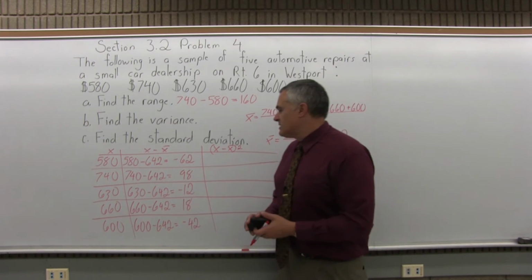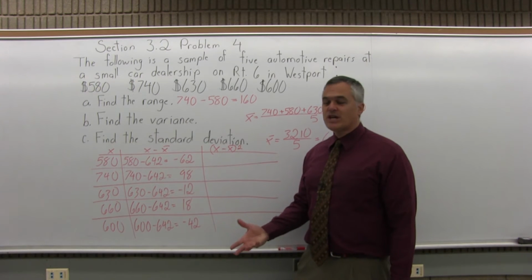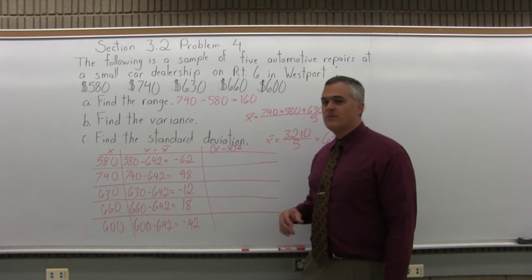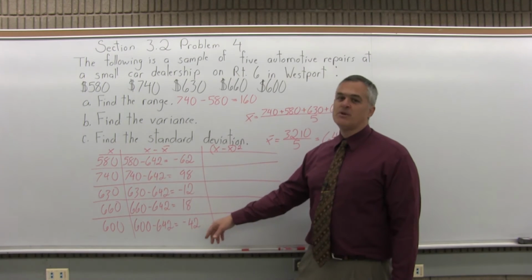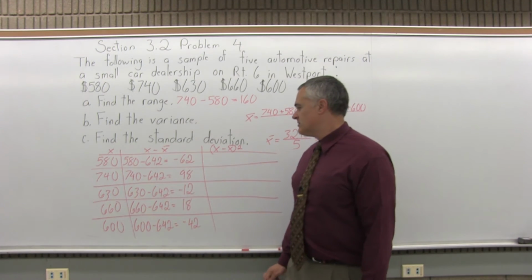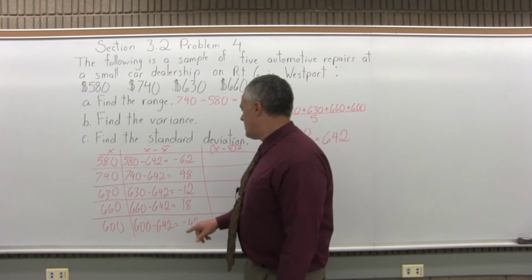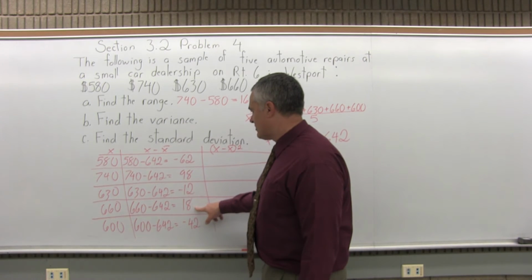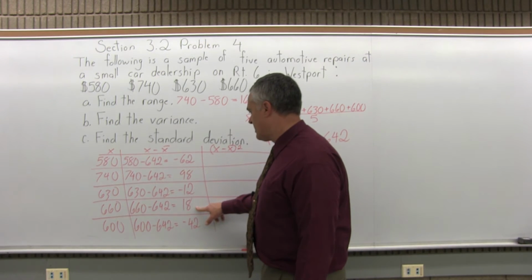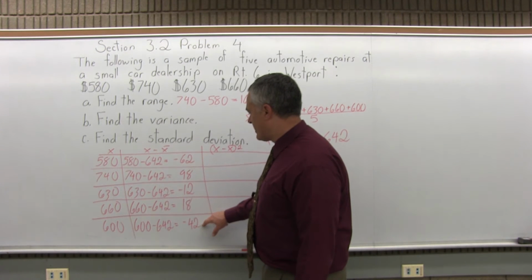So this is the point where I like to get a total of the middle column just as a check, and it should total up to 0. If it does, it's a good sign. If it doesn't total to 0, your middle column, you've made a mistake somewhere. So let's see if I can do it without my calculator. I have two positive values, 98 and 18. That's 116 positive. Negative 62, negative 12, negative 42.